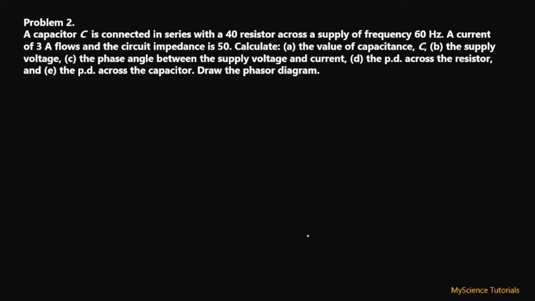We are to calculate A, the value of the capacitance C, B, the supply voltage, C, the phase angle between the supply voltage and the current, D, the potential difference across the resistor, and E, the potential difference across the capacitor. We are also to draw the phasor diagram for this particular problem.